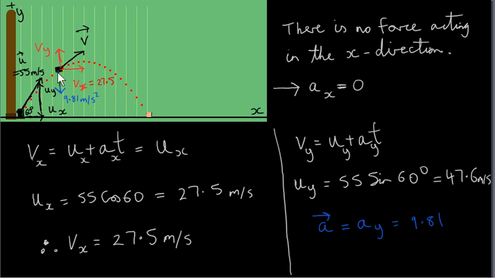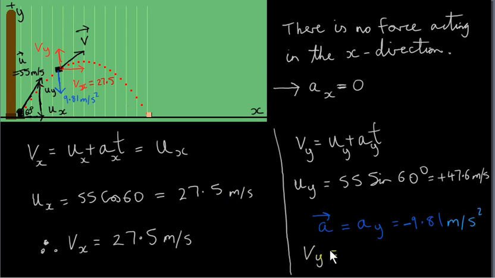However, A has constant magnitude, but it's pointing down, so we have to give it a minus sign. Uy is a positive vector. You can see that Uy is a vector pointing in the positive direction. You see, we are dealing with vectors here, well, vectors in one dimension. So upwards is positive, downwards is negative.